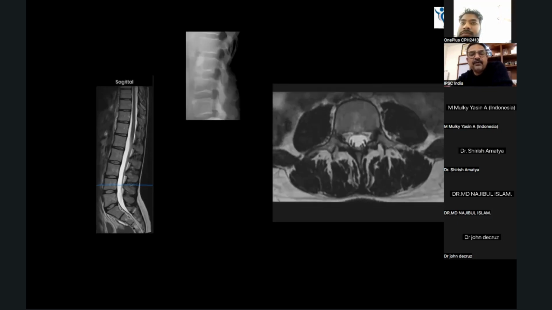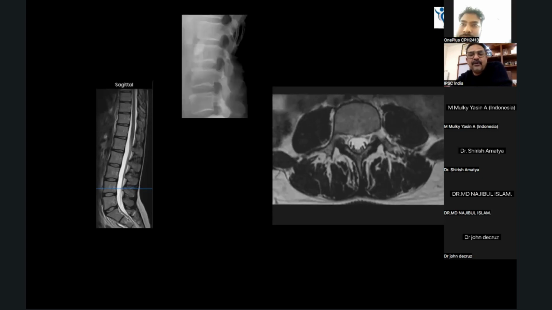As we go down, this section is taken from just the upper part of the foramen, because we can still see some of the pedicle, and we can see the exiting root going towards the foramen.